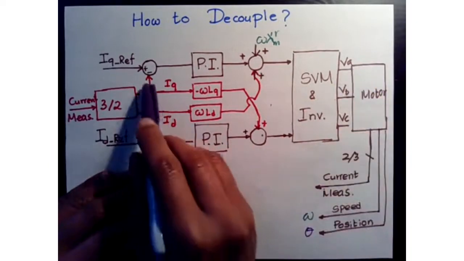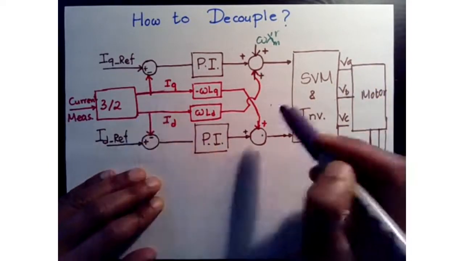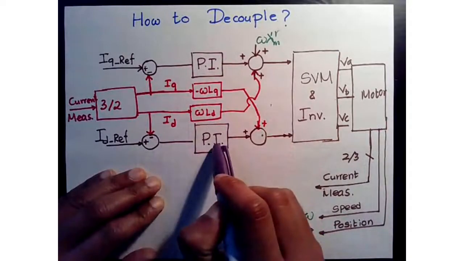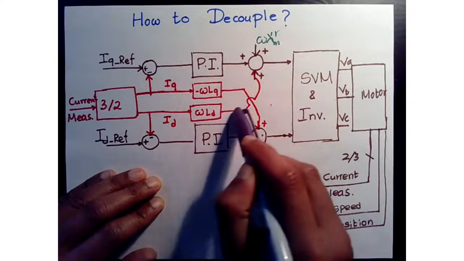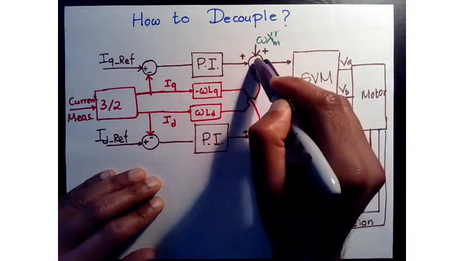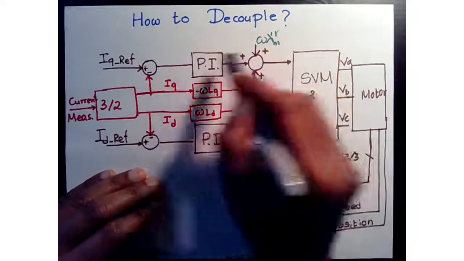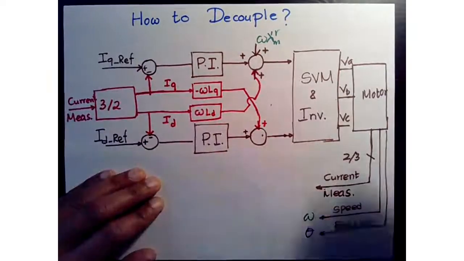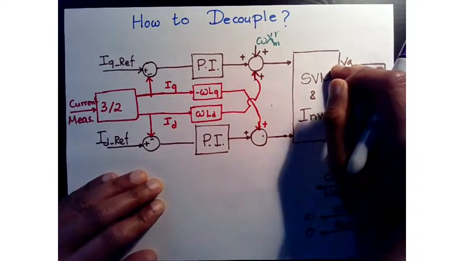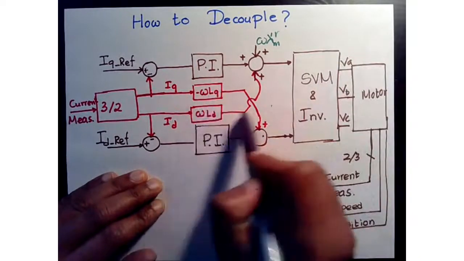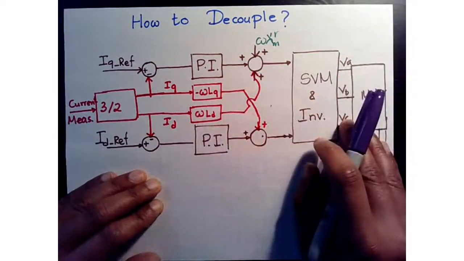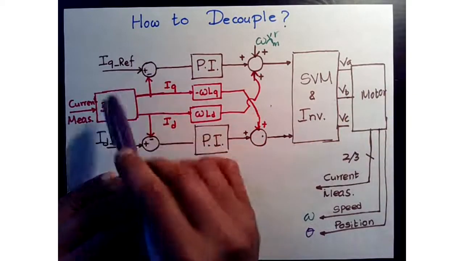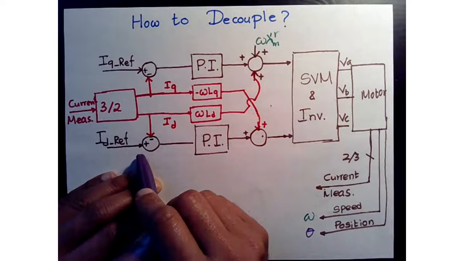You're looking at what the Q and D currents are doing, and rather than letting the regulators take the burden of correcting it, we correct it ahead of time, and that way it doesn't propagate through the feedback loop and tell the controller, hey, your current is low, try to correct it. Okay, so with this we can now decouple the influences between the Q and the D axes.